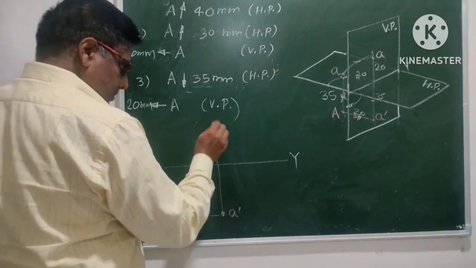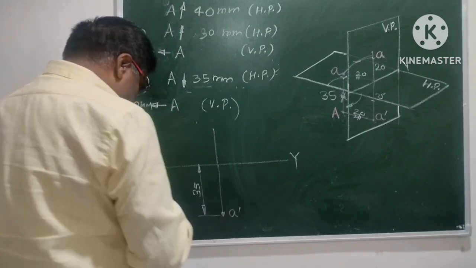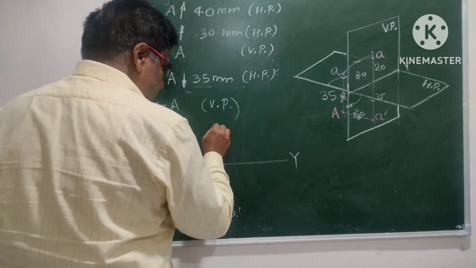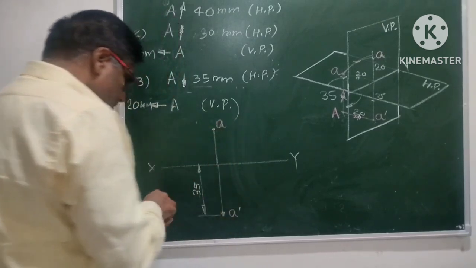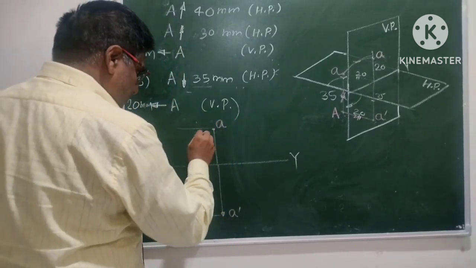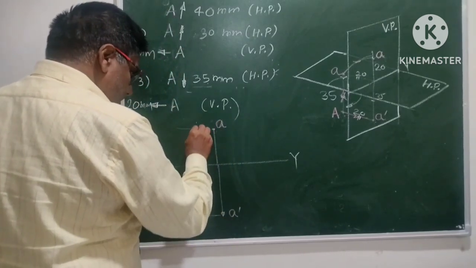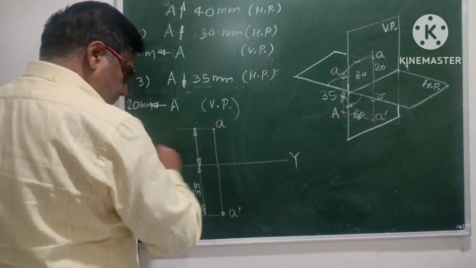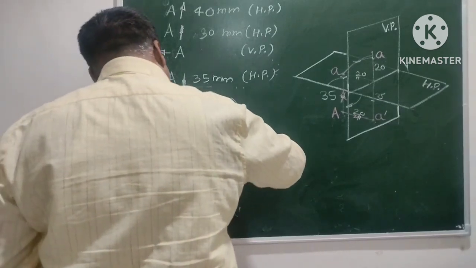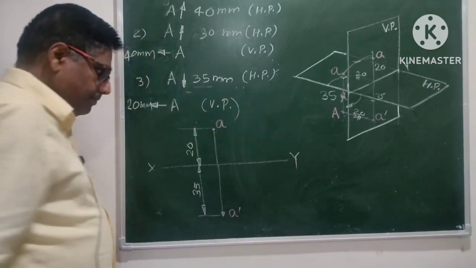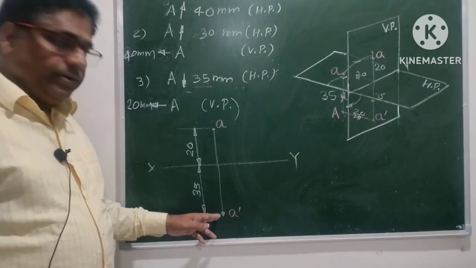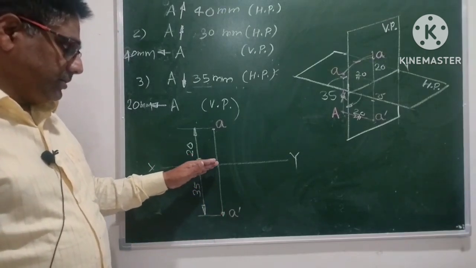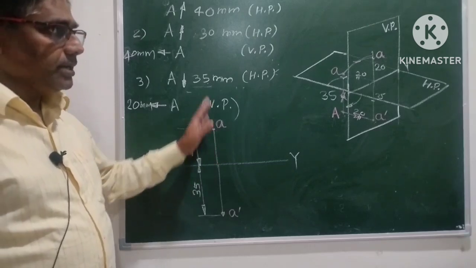This distance we have to take as 20, and this is giving us the top view. Now give the dimension. This behind distance will come here. The front view is below XY and the top view will be above XY.